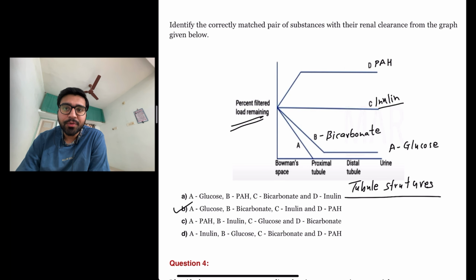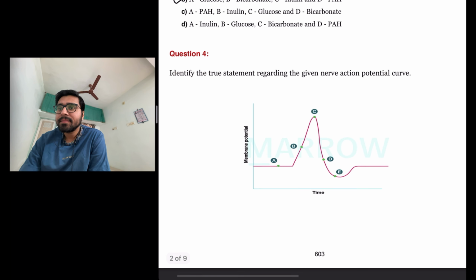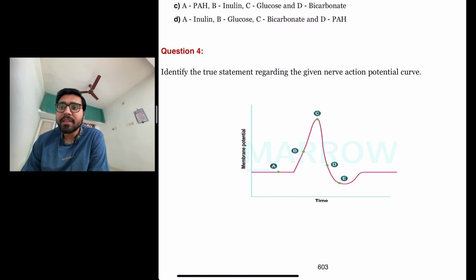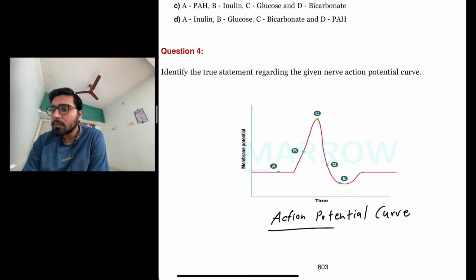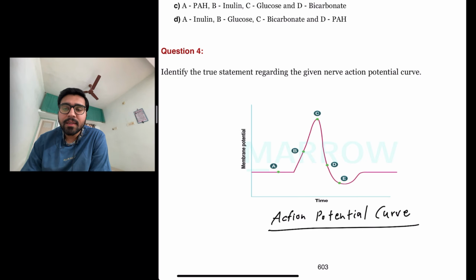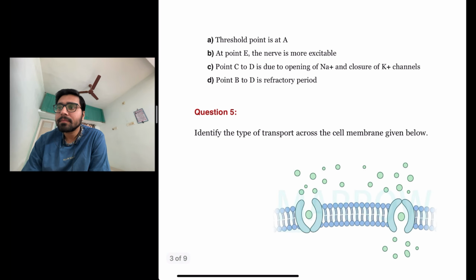Let us move on to the next question. Identify the true statement regarding the given nerve action potential curve. This one is actually action potential curve of the nerve. Let us look at the statements.